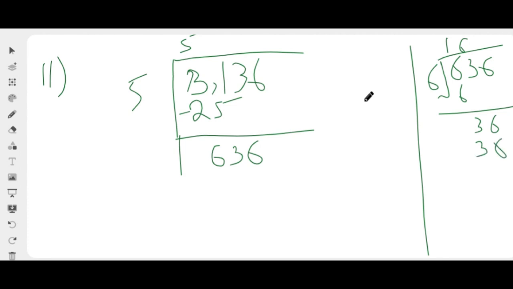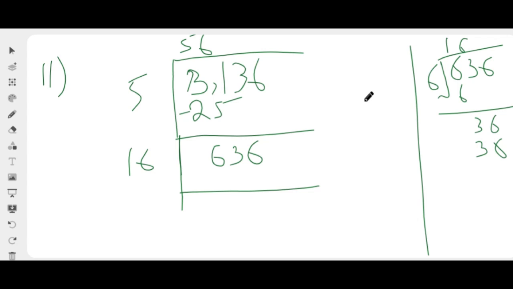Okay, ma'am. So we have to multiply 16 with 6. Multiply 16 with 6, then tell me the answer. 16 into 6. 6 6s are 36. 6 here, 3 carry. 6 ones are 6 plus 3 is 9. So we are getting 96.